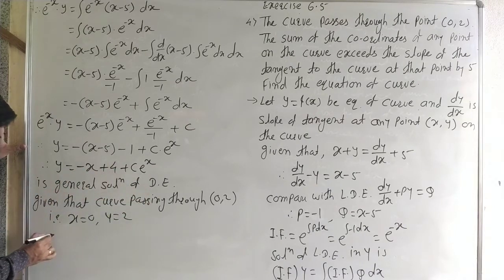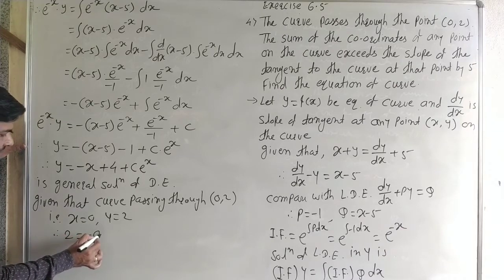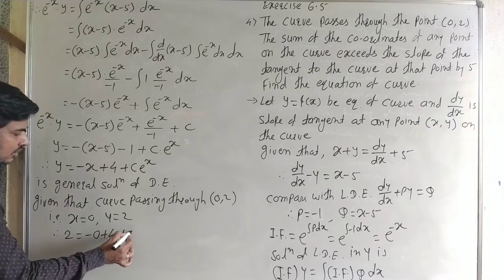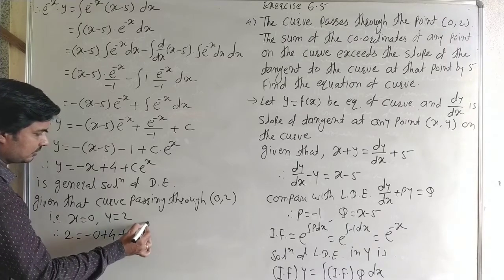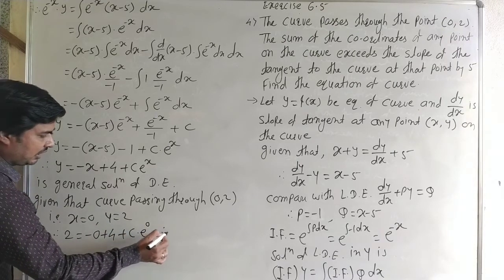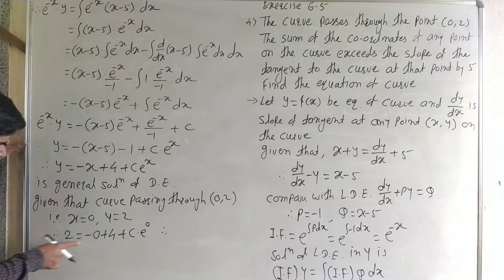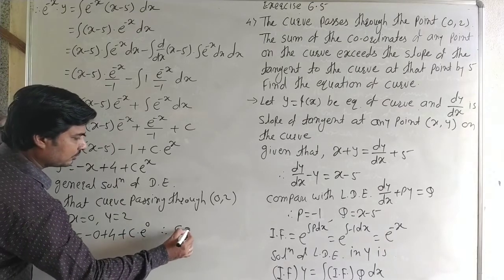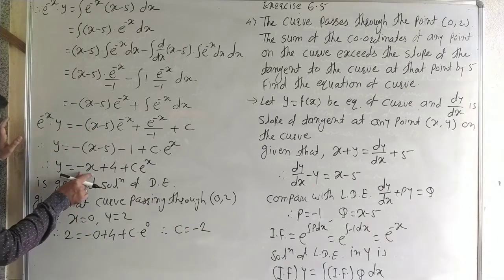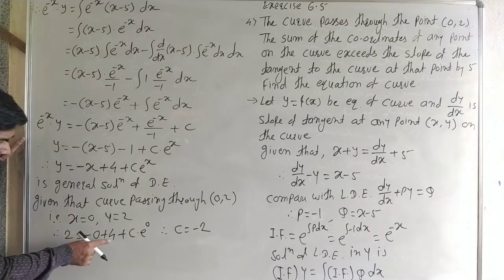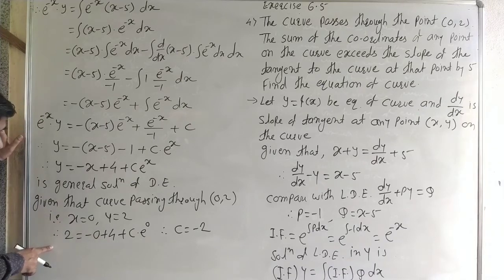Now find the particular solution. y = 2 is equal to -0 + 4 + c times e to the power 0. e to the power 0 is 1, and therefore it is c + 4 = 2. See carefully this. Here it is -0, it is +4, and it is 2. This 4 we can write as -4.